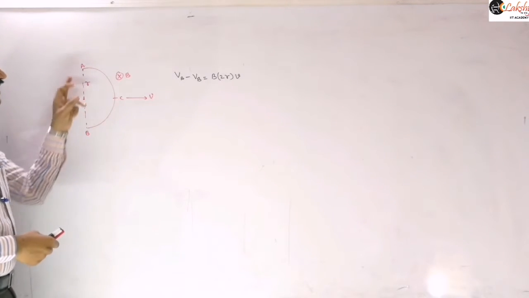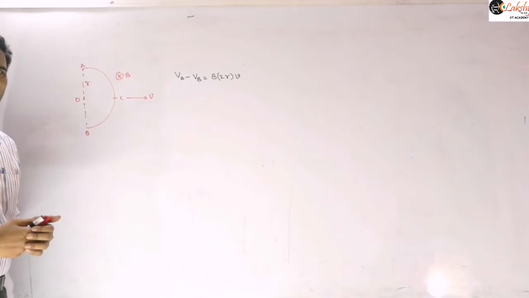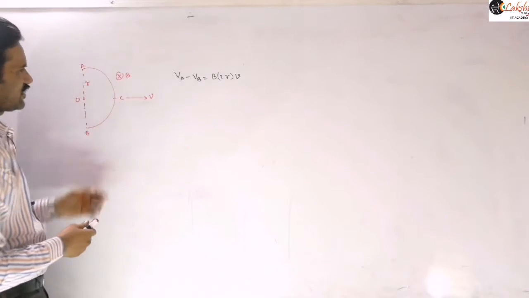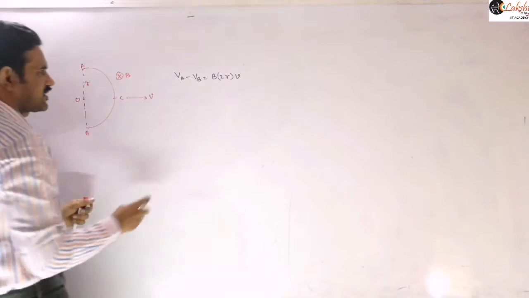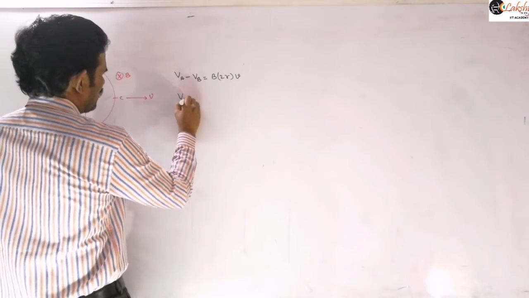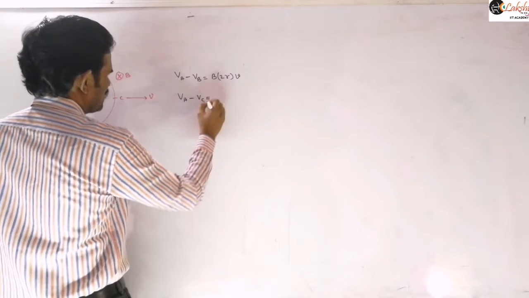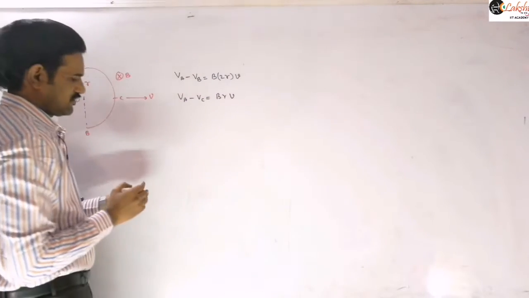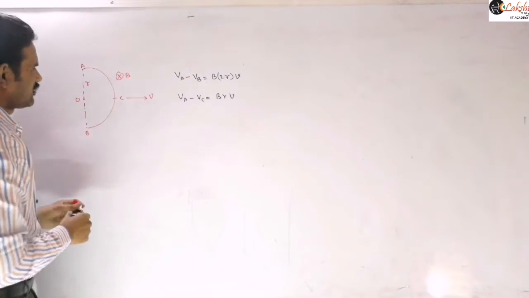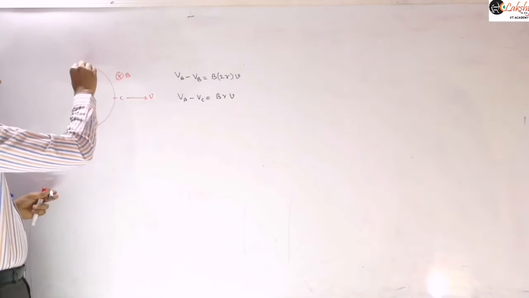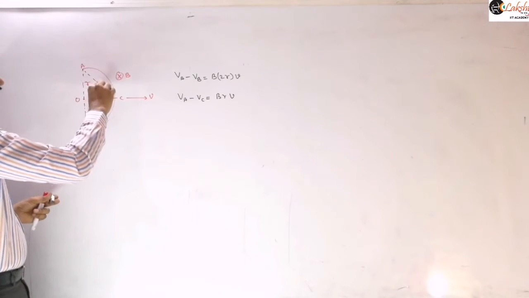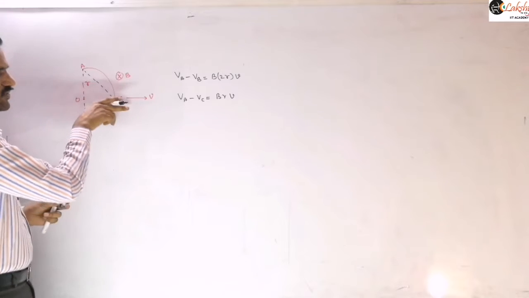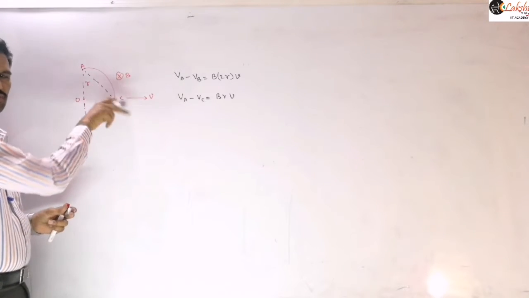And suppose they ask between A and C, then for A and C you can take its projection here. So similarly I can write VA minus VC is equal to B into R into V sin theta, that means sin 90. Because actually this will be the straight conductor you need to replace here. When a straight conductor is there like this, we need to take either the component of velocity or the component of length.